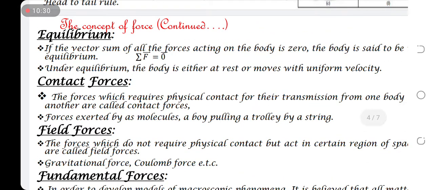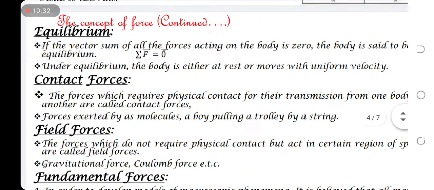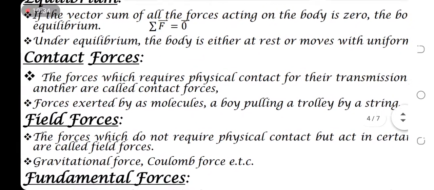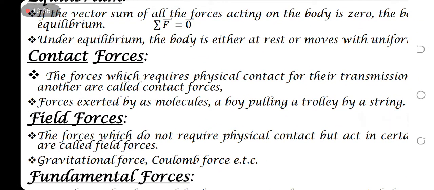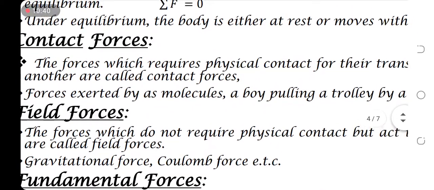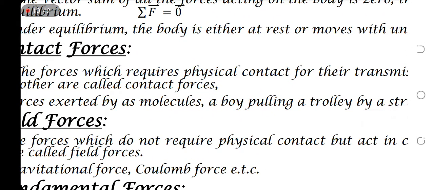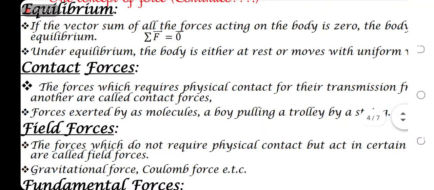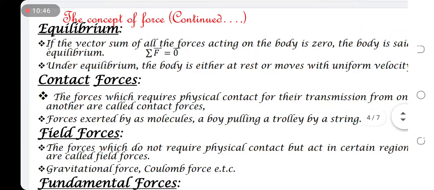There are two types of forces: contact forces and field forces. The contact force we can define as the force which requires physical contact for its transmission from one body to another body.